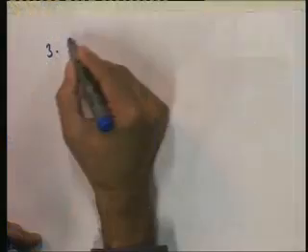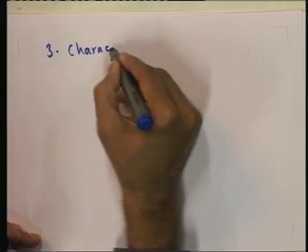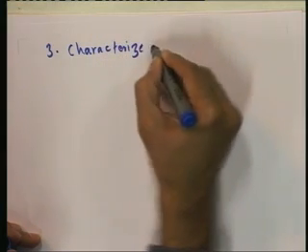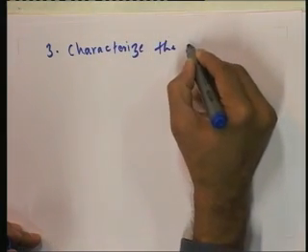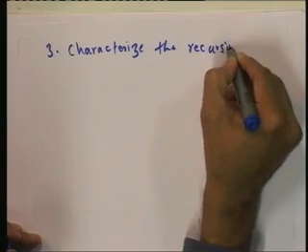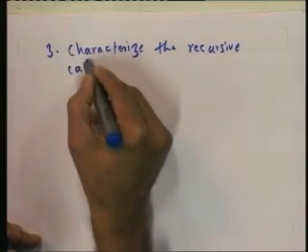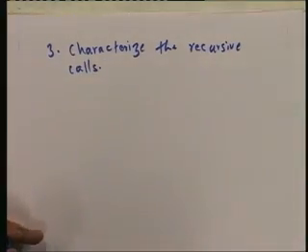Of course, this is not where dynamic programming stops. Okay. So the next step is that we are going to characterize the calls, the recursive calls. So we are going to ask, what are the arguments to the recursive calls?